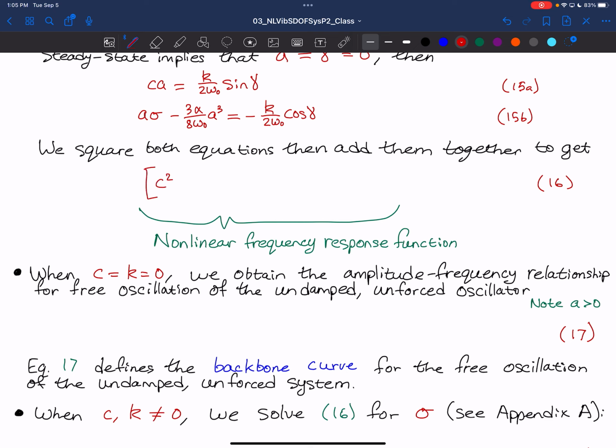We get c² plus the quantity σ minus 3α/(8ω0) times A², this quantity squared, all of this times A², and then this is then equal to the quantity k²/(4ω0²). And then this is our nonlinear frequency response function.